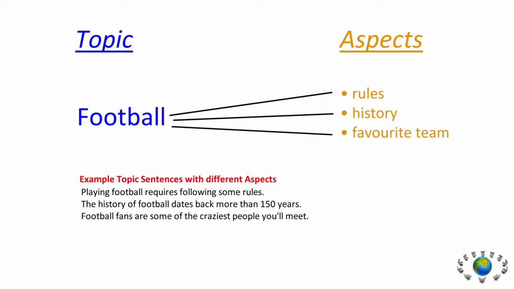Let me give you some other examples of topic sentences with different topics and different aspects. I live in Italy, and here in Italy, well, people love football, okay? Or as they say in American English, soccer. Now, if you had to do a writing on football, that might be your topic, but there could be many different aspects of football.